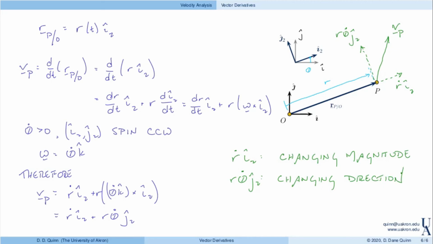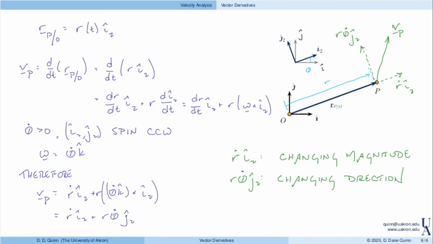So that's our introduction and description of vector derivatives. Ultimately, we have a position vector, P with respect to O, for example, that can change its magnitude. And again, the change in magnitude is in the original direction of the vector. So that's I2 in this case. And we have a component due to changing direction.